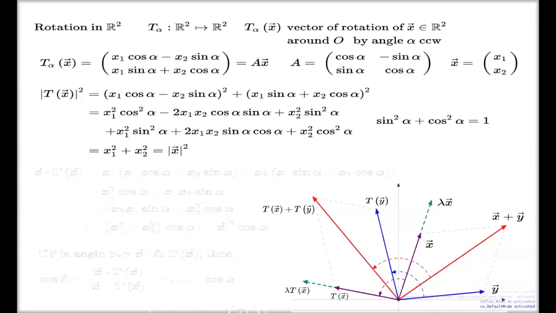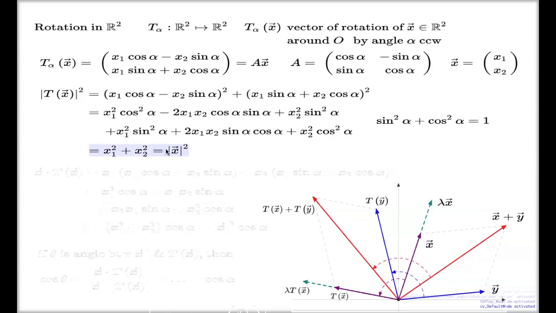So what do we see? We see that my linear map possesses the property that the length of the image, if you take the square root of the left-hand side and the square root of the right-hand side of this identity, is the same as the modulus of the original vector x. This is nice. It's already good.